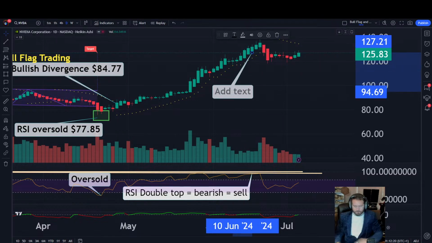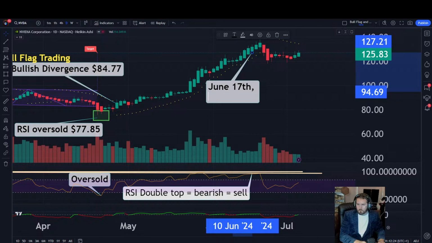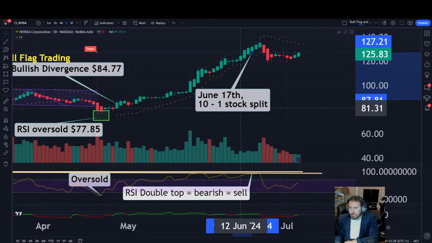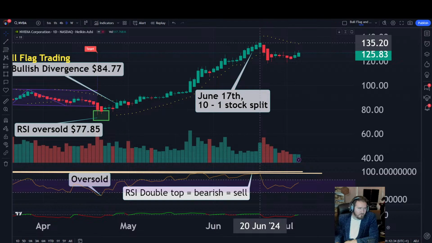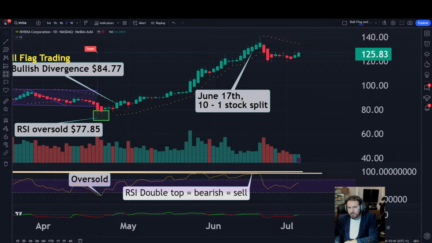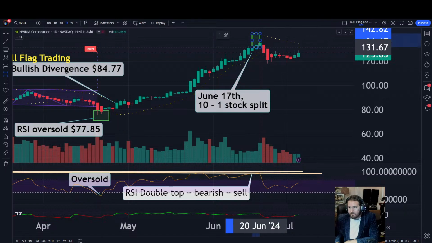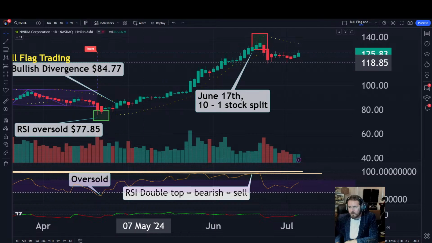But June 17th, 10-1 stock split. So you weren't able to trade it until the following Monday, unless you traded it after markets. So they would have started taking profits after our size overbought, and that could have been any of these days, really. That could have been any of these days after that split.